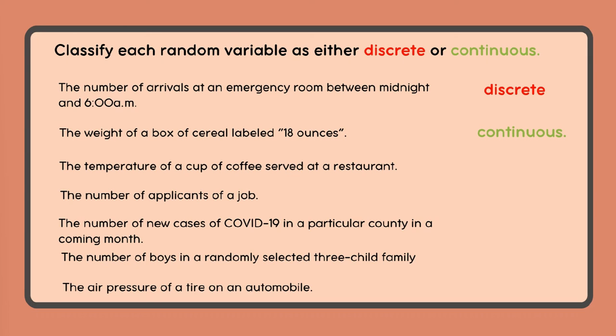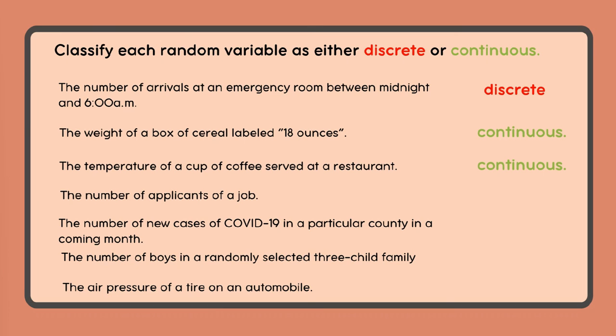Hence this is a continuous random variable because weight can only be determined by measuring, or by using a weighing instrument. Now, the temperature of a cup of coffee served at a restaurant is also continuous because we cannot count the temperature, right? We can only measure the temperature.